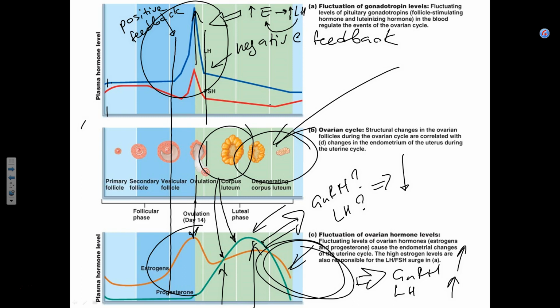Corpus luteum degenerates. Another try. Does that make sense? What happens during fertilization? Corpus luteum stays, progesterone levels and estrogen levels stay fairly high, and new ovarian cycle doesn't start. Does that make sense?